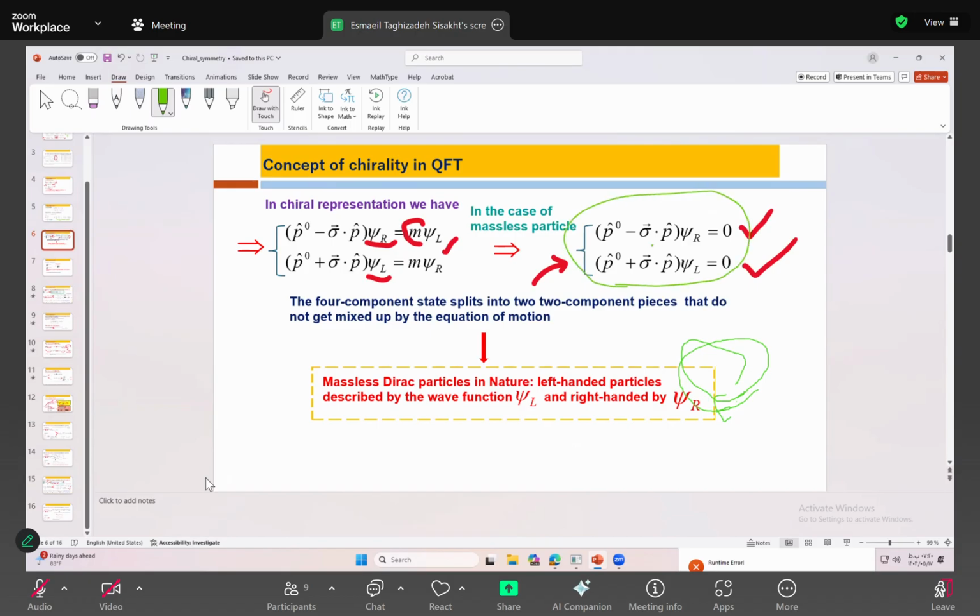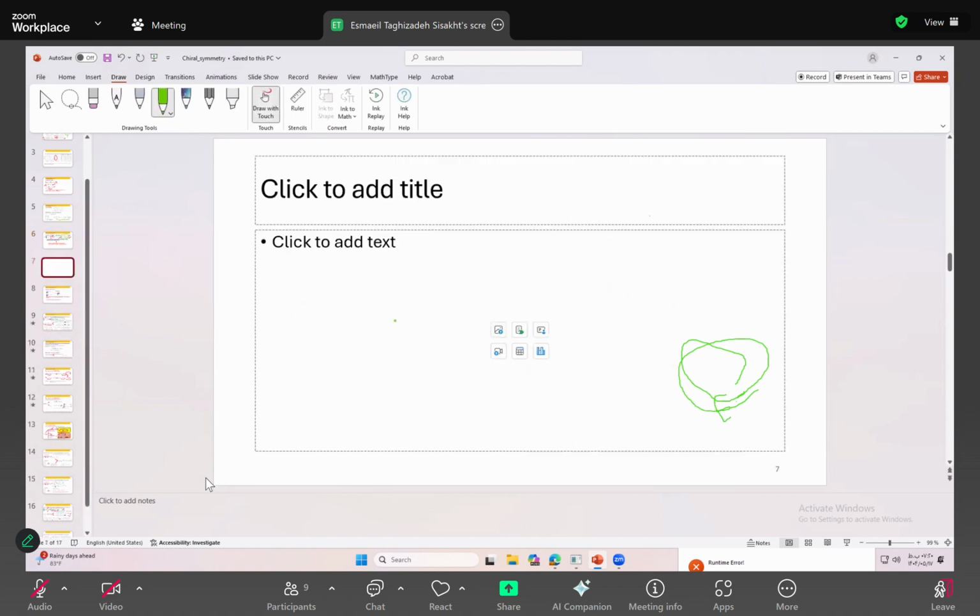This equation is very similar to the low energy Hamiltonian of something like a graphene system. Ismail, would you make one or two more pages, let's compare this Hamiltonian.